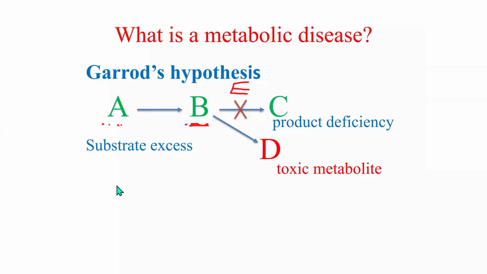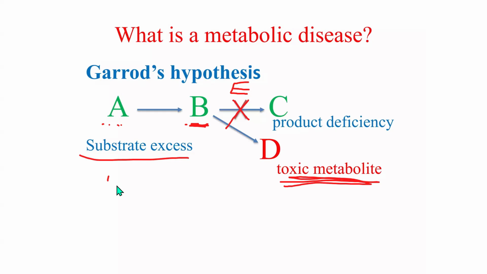Then C will not be generated. If C is not produced, there is a likelihood that the substrate can accumulate to produce a toxic metabolite, which can cause inflammation, necrosis, and many other medical conditions. And since the enzyme is not converting the substrate to product, the substrate will be in excess.